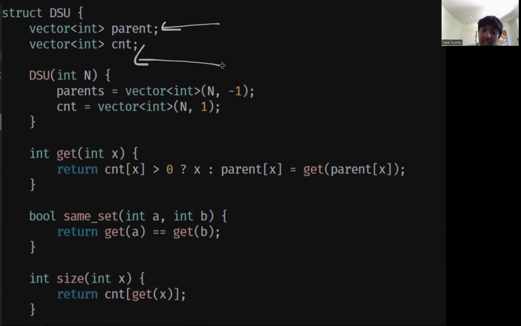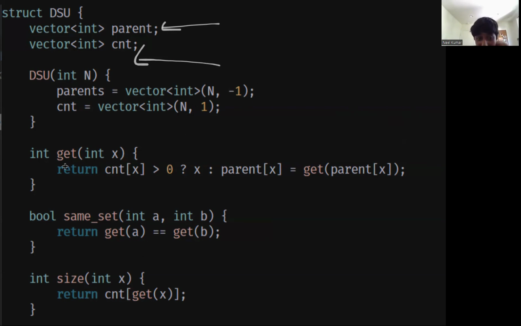And for each parent, this vector will only be non-zero if the node is its own parent, or to say it's the parent of its own connected component. Otherwise, it will be 0. And here we're just initializing them.